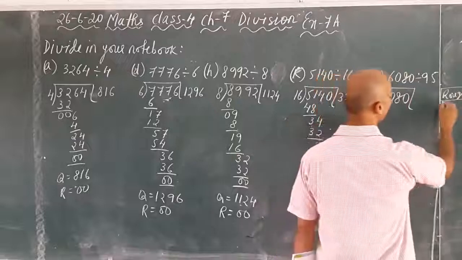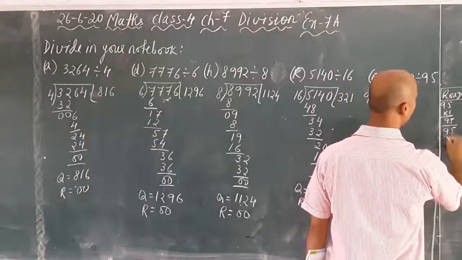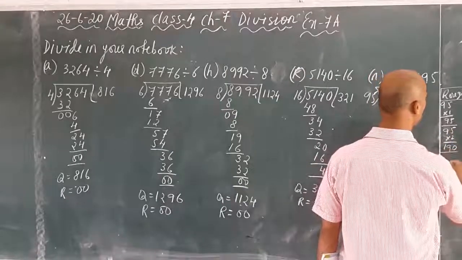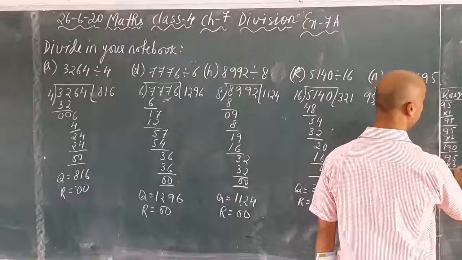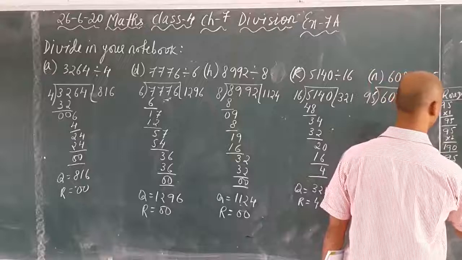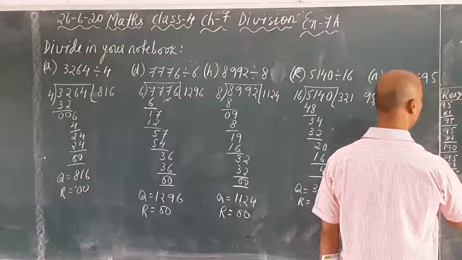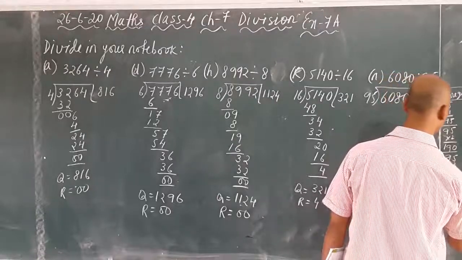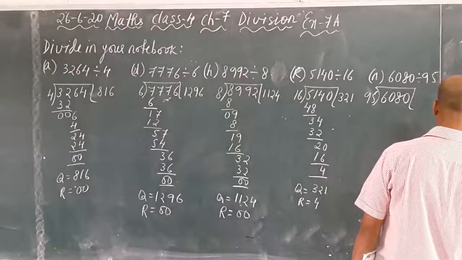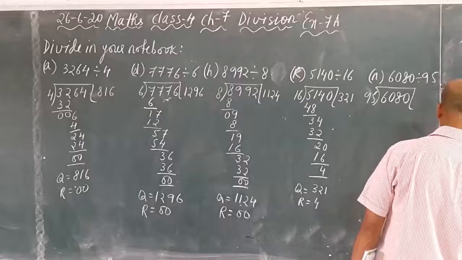You multiply 95 into 1 will be 95, 95 into 2, 5 2s are 10, 9 2s are 18, 1 19, 95 into 3, 5 3s are 15, carry 1, 3 9s are 27, 128, 95 into 4, 5 4s are 20, 0 carry 2, 4 9s are 36 and 2 38, 95 into 5, 5 5s are 25, carry 2, 5 9s are 45 and 2 47.